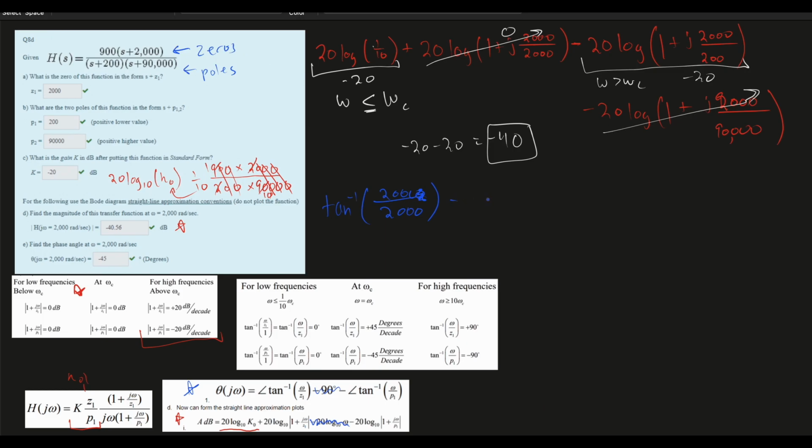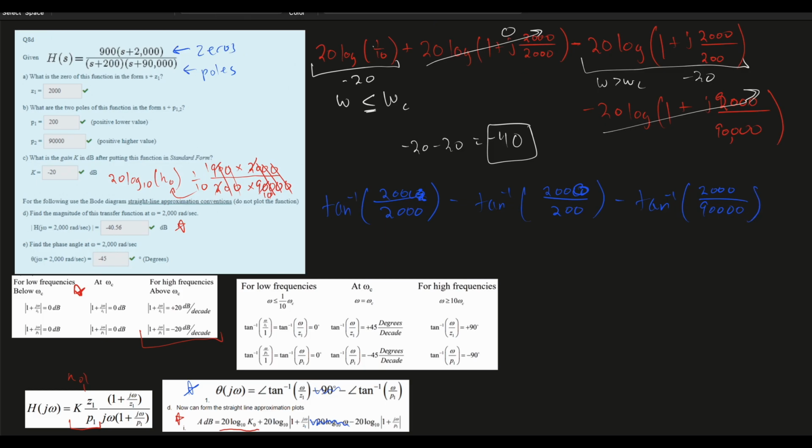Then we have our poles, so we have a minus tangent negative 1 of our omega, 2000, divided by our first pole, 200, minus the tangent negative 1 of our omega, 2000, divided by our pole, 90,000.